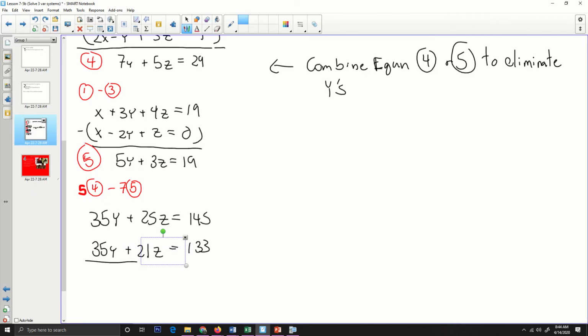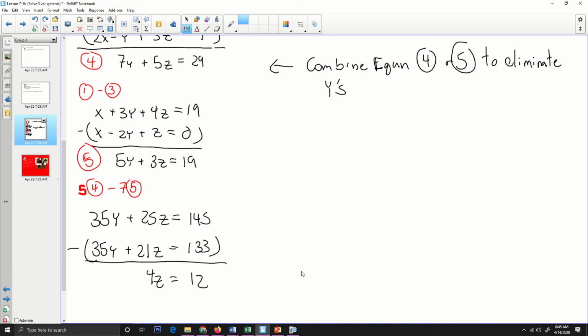Again, I'm subtracting here. 35y minus 35y is 0. 25z minus 21z is 4z. And 145 minus 133 is 12.